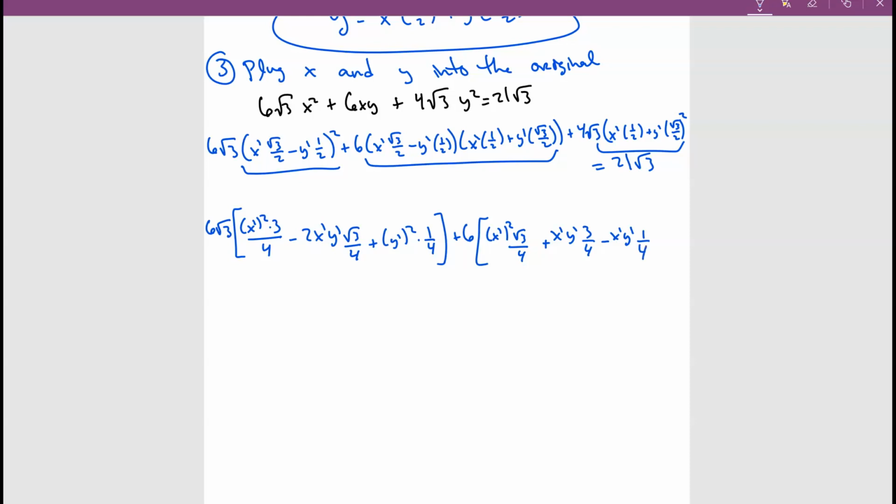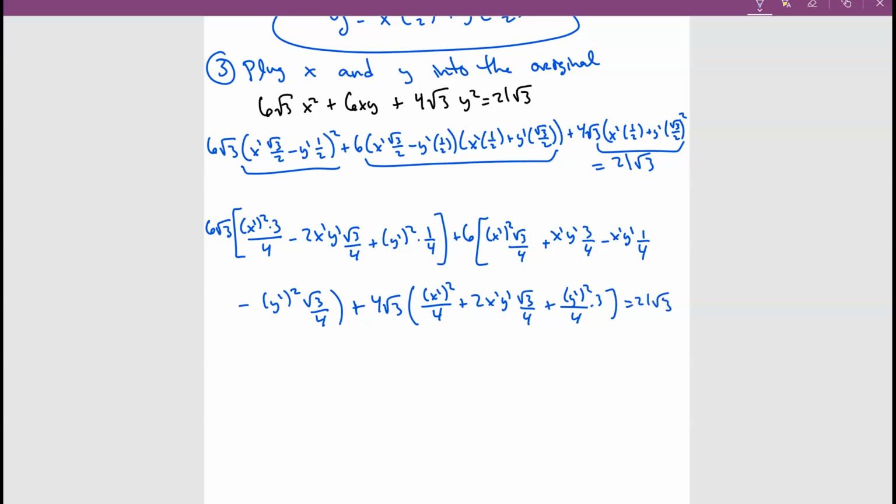This is going to be minus, I'm going to write it over here because I'm running out of room, minus y prime squared square root of 3 over 4 plus, now we're going to deal with the 4 square root of 3. So 4 square root of 3, x prime whole quantity squared over 4 plus 2x prime y prime square root of 3 over 4 plus y prime squared over 4 times 3 equals 21 square root of 3.